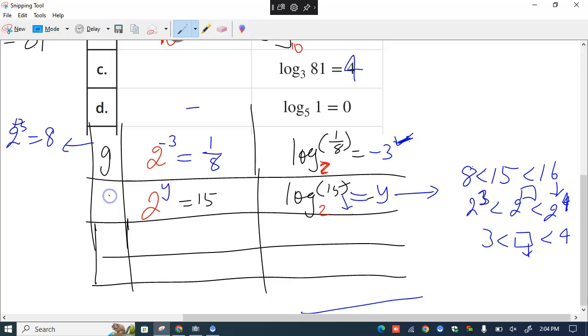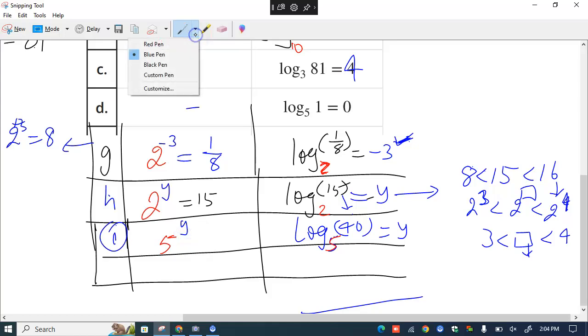Then this was g h, then the i's, they give us log of base 5 of 40 equals y. So we can write this as the base is the 5. In the exponential form, it is 5 raised to the blue y equals 40.